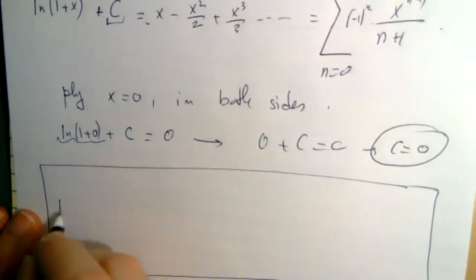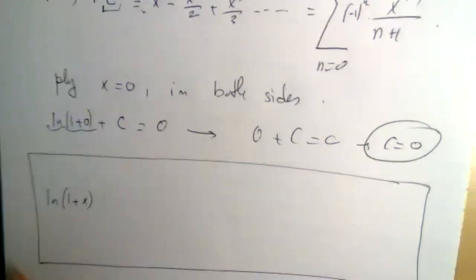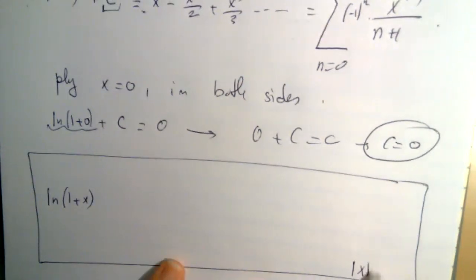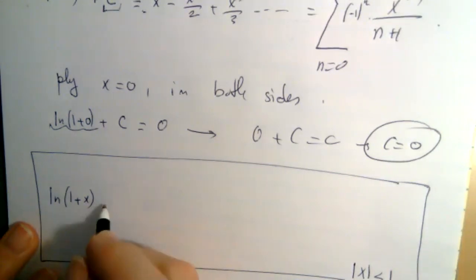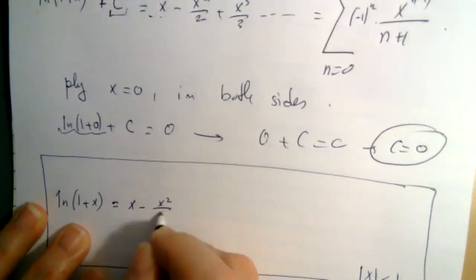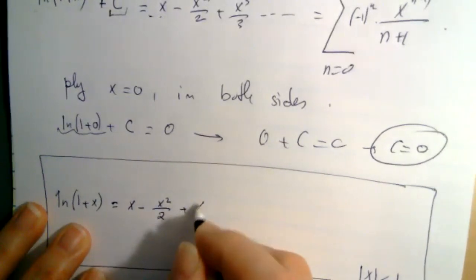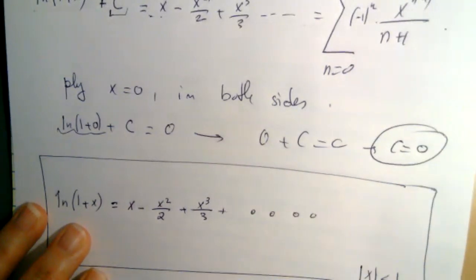So ln of 1 plus x. It means if I take any value of x less than 1, then the ln of 1 plus x is actually going to be equal to, I'm going to copy this one, x minus x squared over 2 plus x cubed over 3 plus so on.